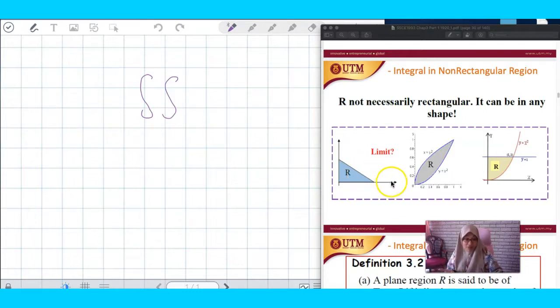When there is a function, the limit should not be a constant. Also, there is the region bounded by y equal to x squared and x equal to y squared, and you can see this particular shape. And you also have this one, a region bounded by the y-axis and the line y equal to 1, and also the curve y equal to x squared, and you have this particular shape.